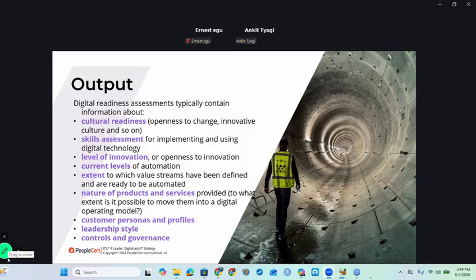Customer personas and profiles, what type of customers are we serving? What are their requirements? Leadership style, well, of course, adapting the leadership style according to the situation. And the controls and governance. So after the digital readiness assessment is completed, this is all the information that we may look at.